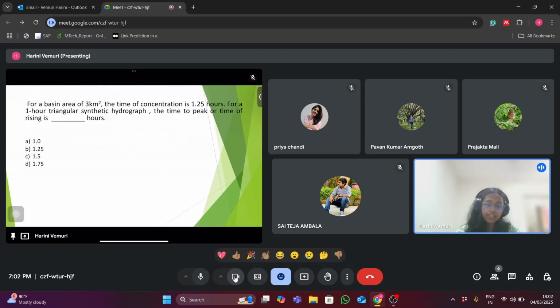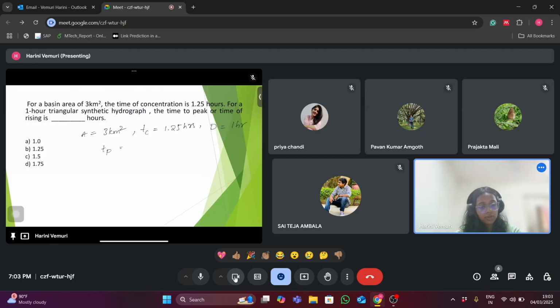So the next question is, for a basin area of 3 kilometers square, the time of concentration is given as 1.25 hours. Okay, and for a 1 hour triangular synthetic hydrograph, which means the duration of excess rainfall is 1 hour, what is the time to peak or time of rising in hours?